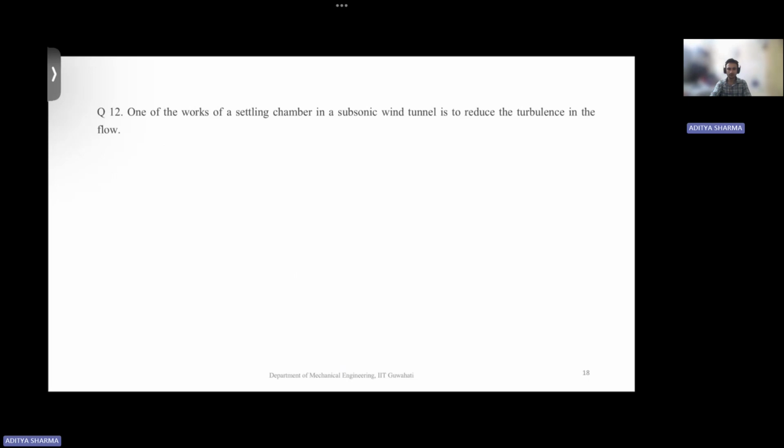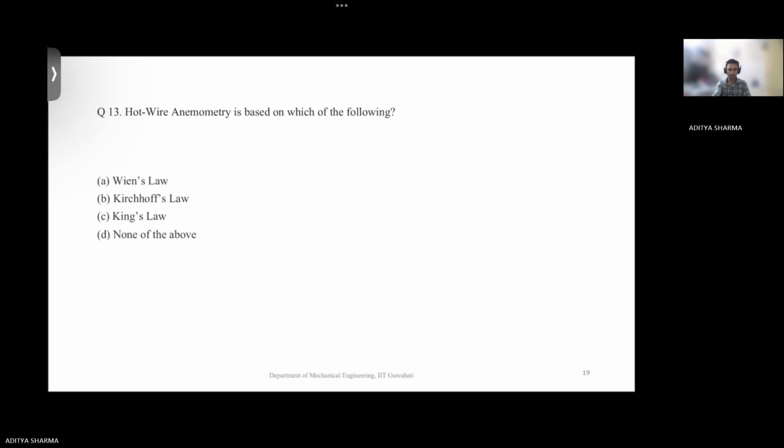Then questions are there. One of the works of the settling chamber in a subsonic wind tunnel is to reduce the turbulence in the flow. Whether this is correct or not. I have told this, so this is a correct statement. Then, hot wire anemometry is based on which of the following?